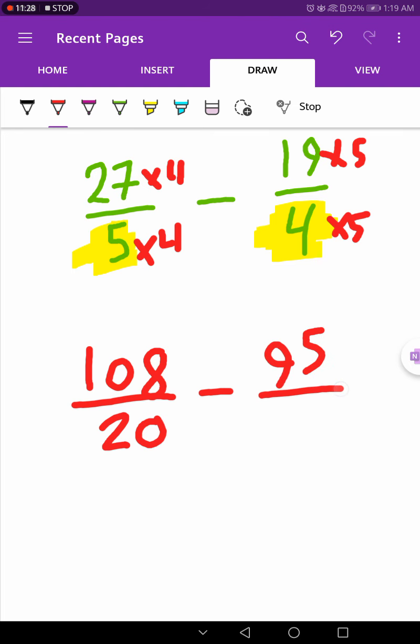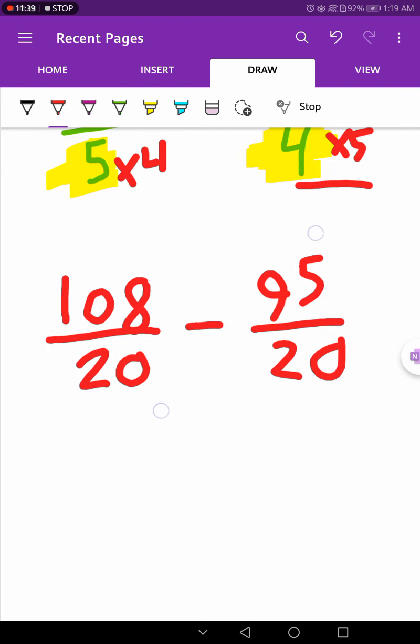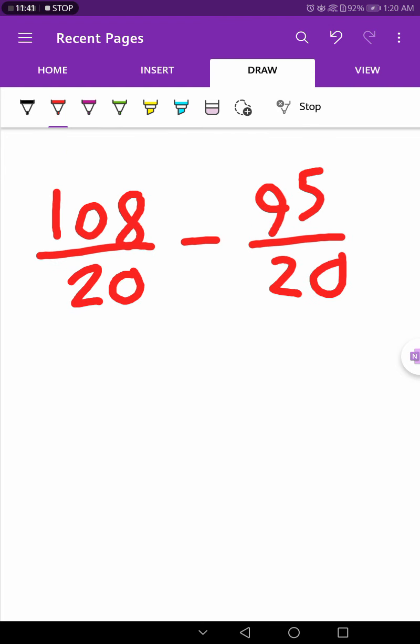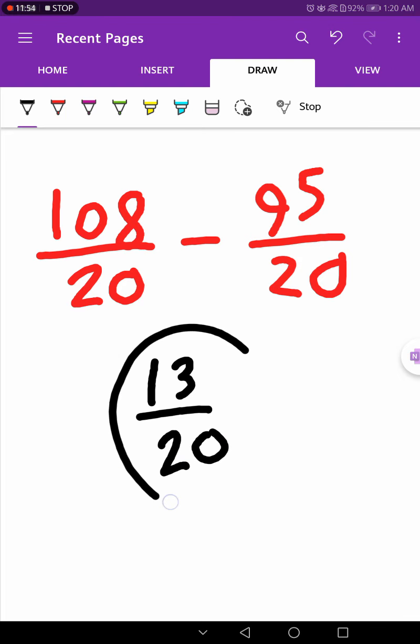Okay, correct me if I made any mistake, my dear students. Yes, I almost made some mistakes here. It is 4 by 5 equal 20. Now 108 minus 95 equal 13. 13 over 20. And this is the answer.